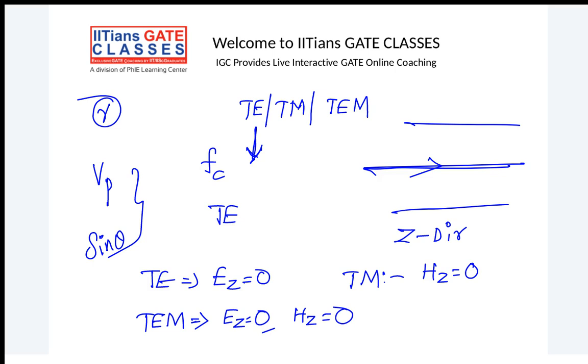And one more important point we concluded at that time is that the transverse electromagnetic wave cannot propagate in parallel plate and rectangular waveguide, because when it enters the waveguide, it enters at an angle of 0 degrees.